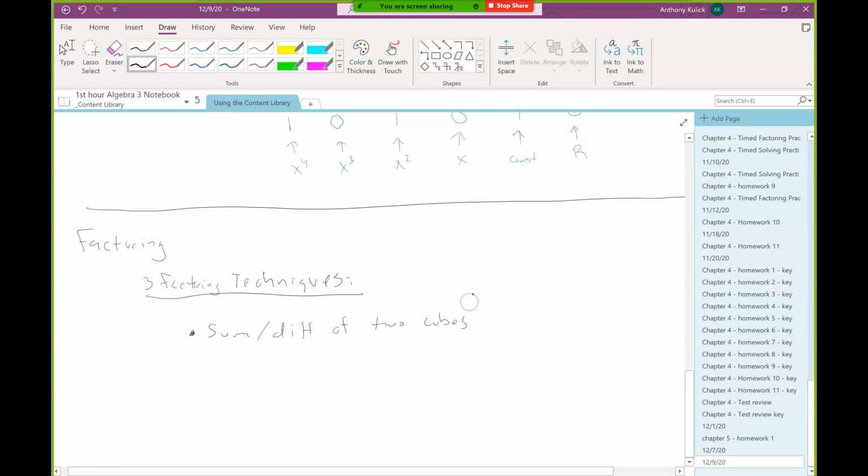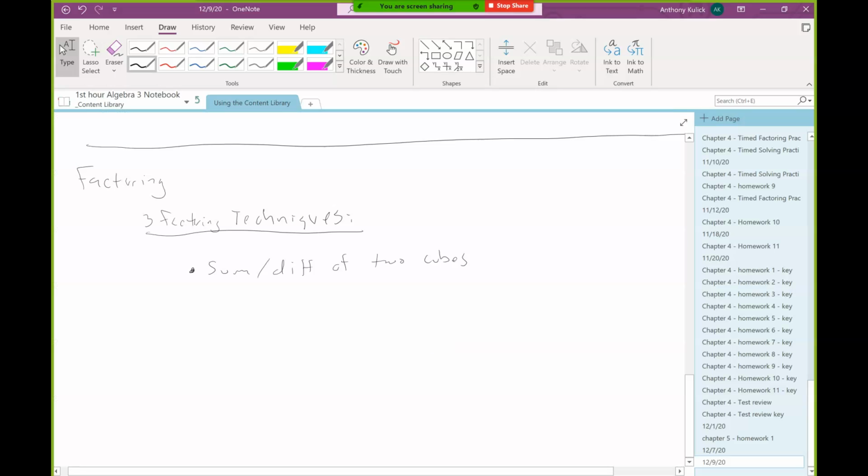So the first special factoring pattern is the sum or difference of 2 cubes. So a sum of 2 cubes will always factor this way, and a difference of 2 cubes will always factor this way.